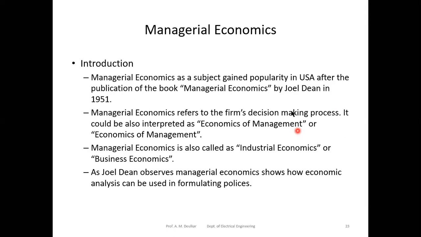This group of people who takes the decision, we call them the management, and this management takes the decision for any firm from the economic perspective, so that becomes the economics of management. Now these industries produce goods and services, so when the management takes economic decisions for the industry, we call it industrial economics or business economics.